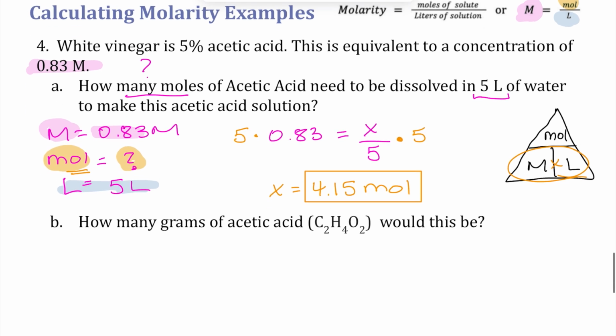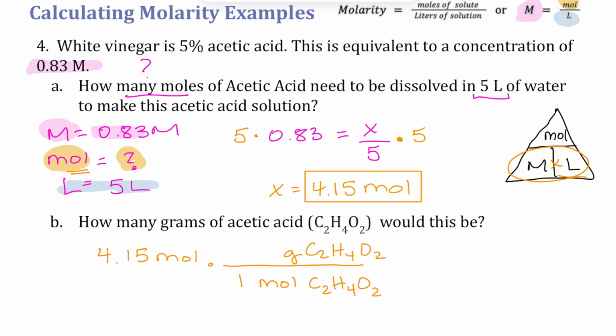Part B, how many grams of acetic acid would this be? Well, we have 4.15 moles. I know that 1 mole of acetic acid is going to have a mass of whatever the molar mass is. And so I can find my grams of acetic acid.